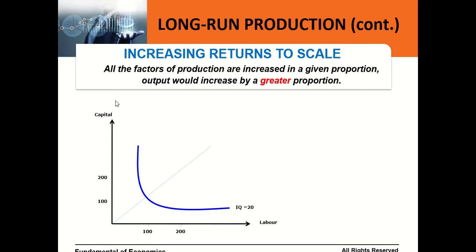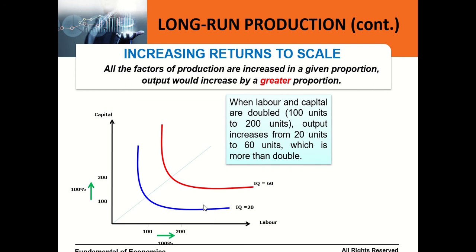Now what happened here is we have increasing return to scale if all factors of production or inputs are increased in a given proportion, and output will increase by a greater proportion. As you can see here, the total output is 20. The amount needed to produce this 20Q is 100 capital, 100 labor.